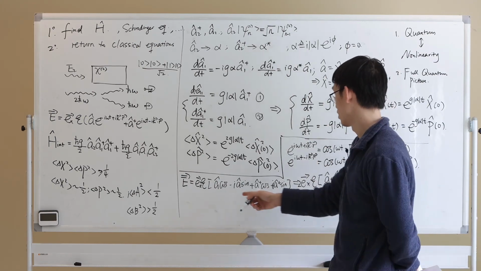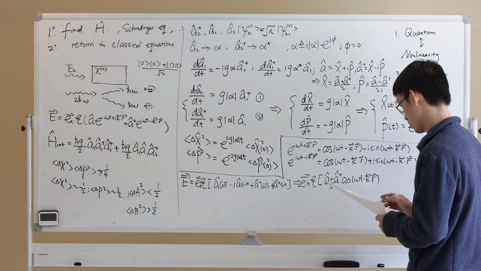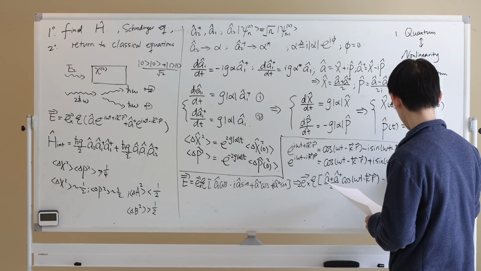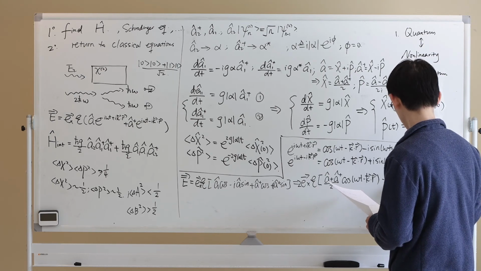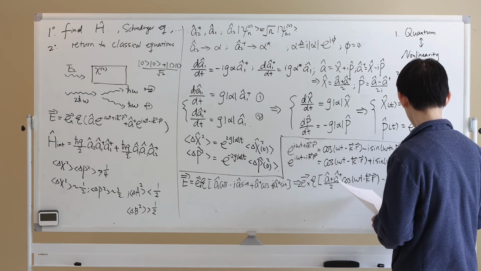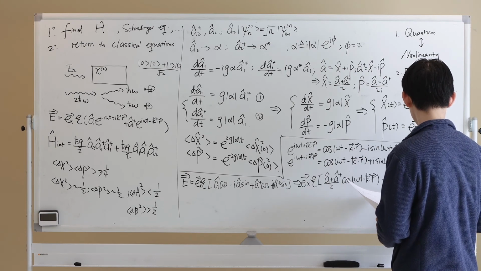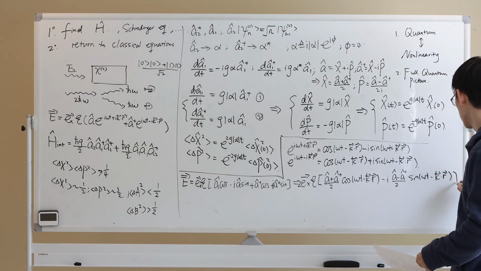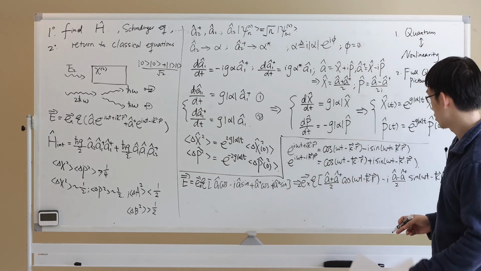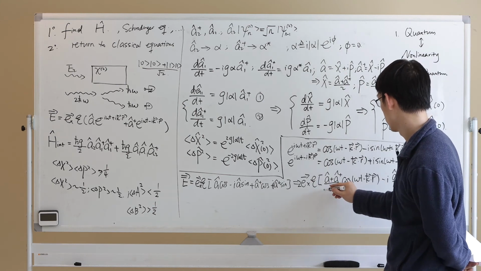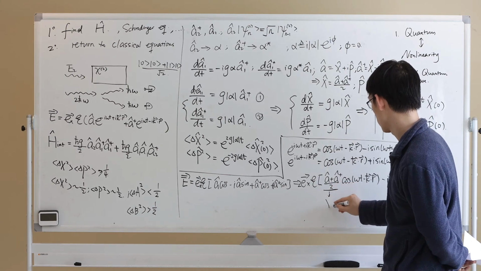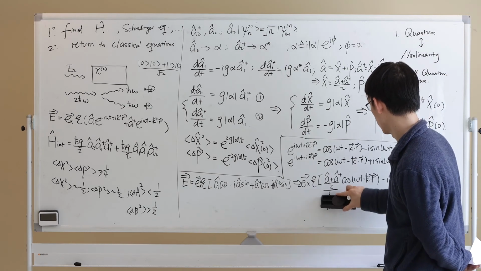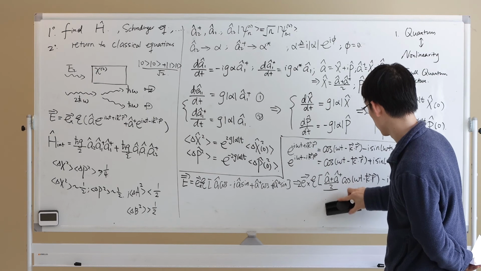And then here you have I, so it's minus I times A minus A dagger divided by 2 times sine omega t minus KR. So now if you look at this, this part is X, by definition. This is X in a dimensionless form.